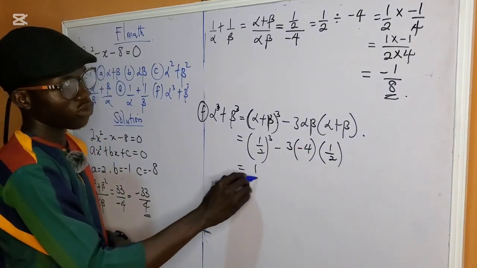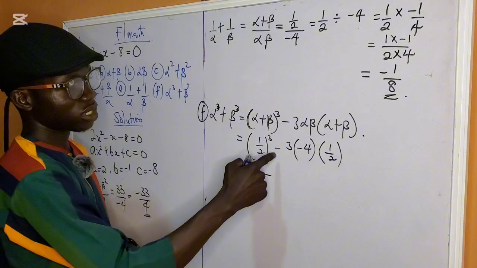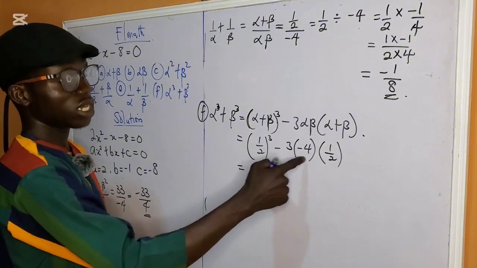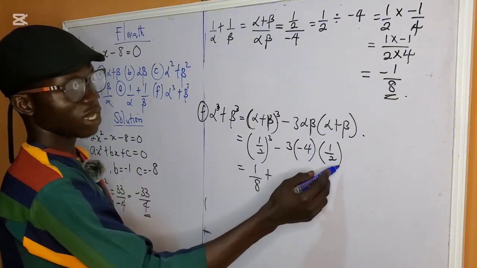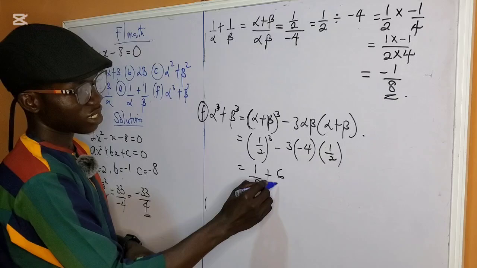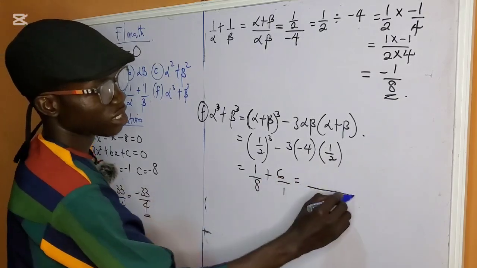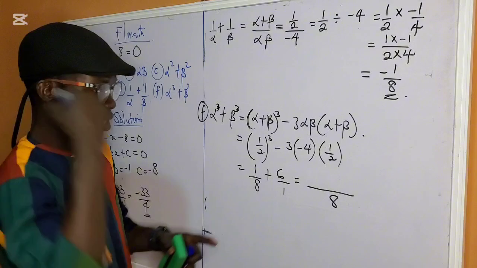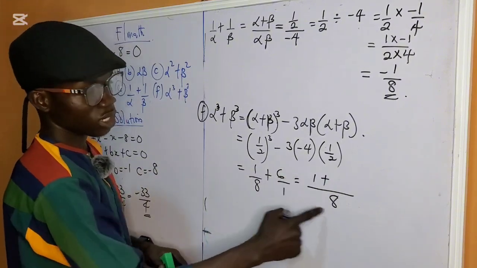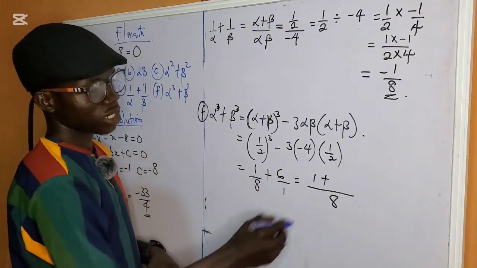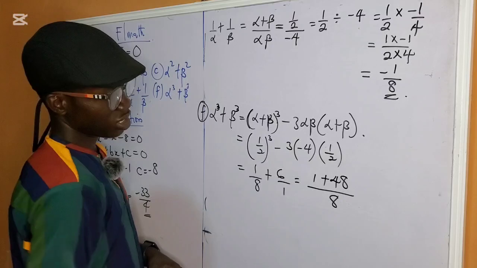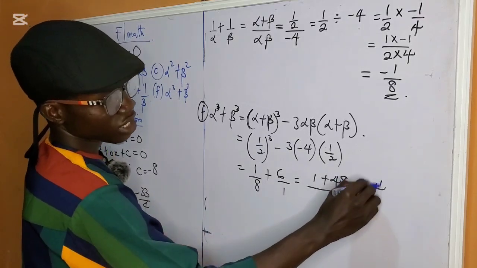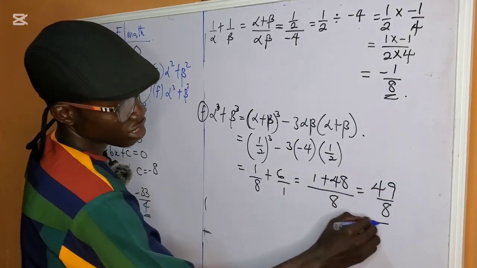So this is 1 over 8, minus times minus, that's plus 3 times 4, 12. 12 multiplied by half, that is 6. So the LCM is 8. 8 in 8, 1. 1 multiplied by 1, that will give us 1. Plus 1 in 8, 8. 8 multiplied by 6, that's 48. The answer is 49 over 8.